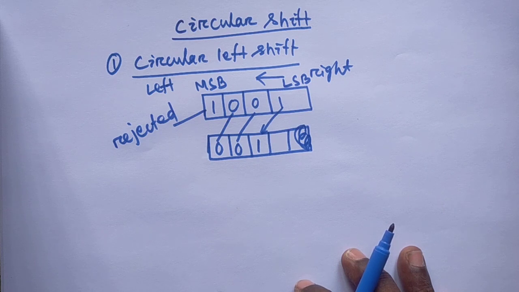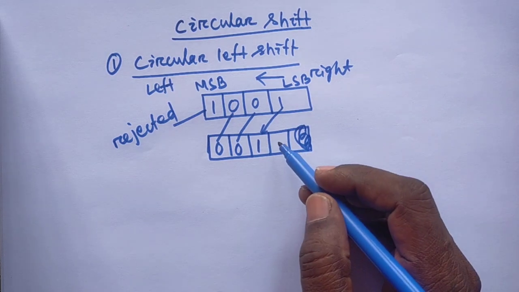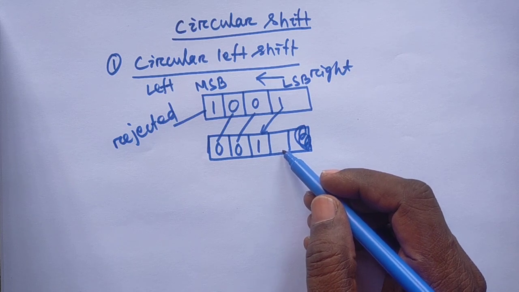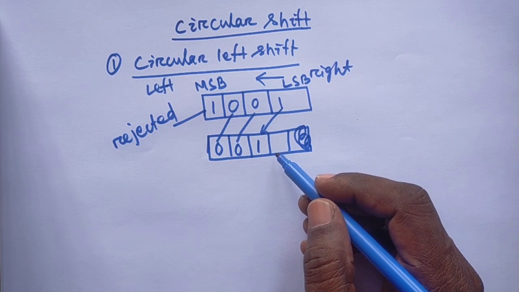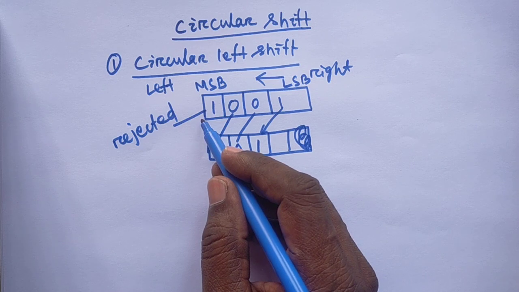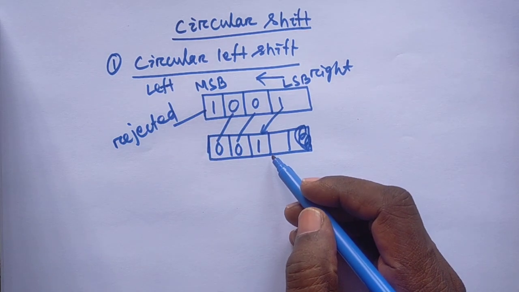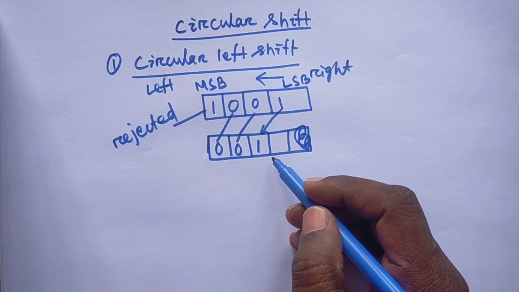But in the arithmetic shift the empty space is normally filled by 0. Here, since we rejected this bit, we reuse it for this particular shift operation.